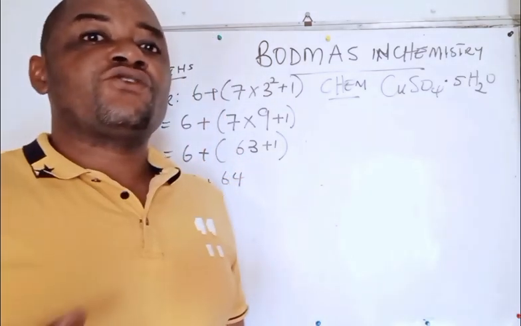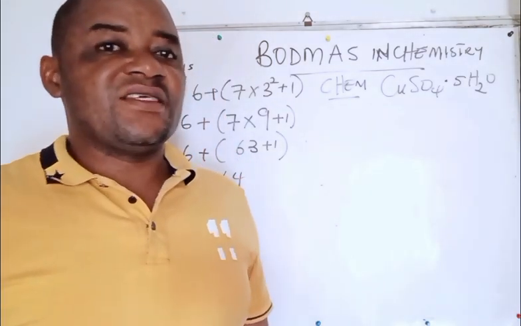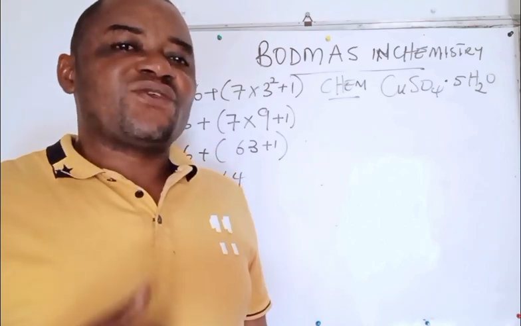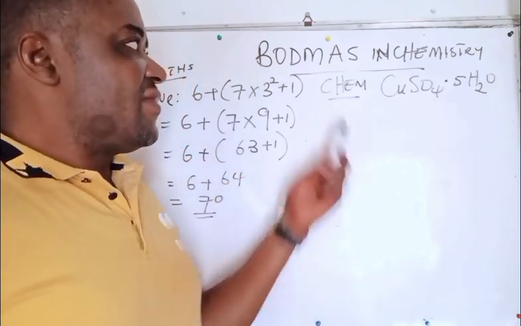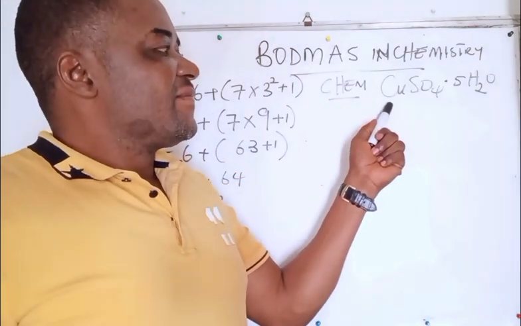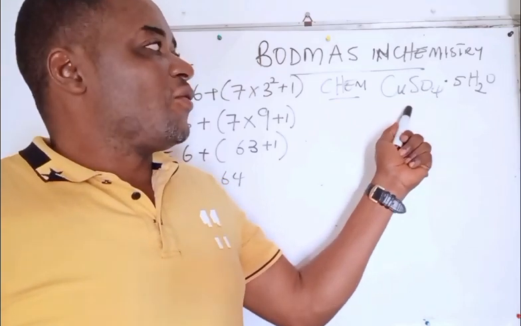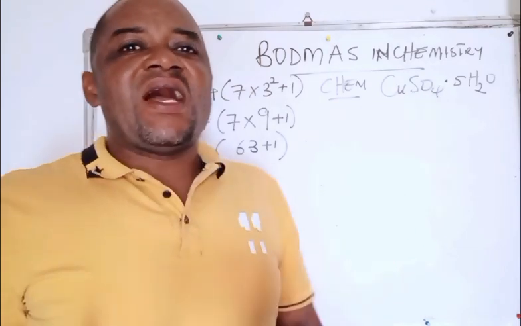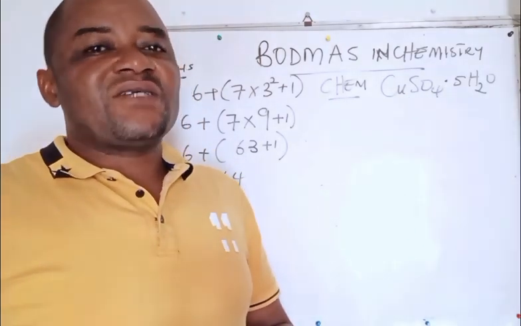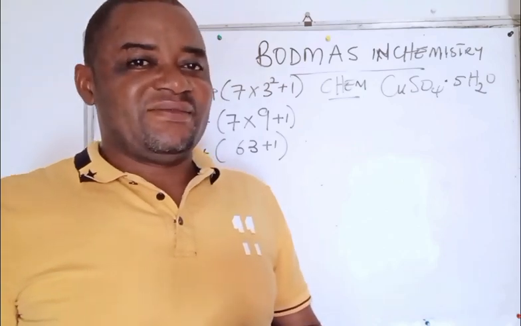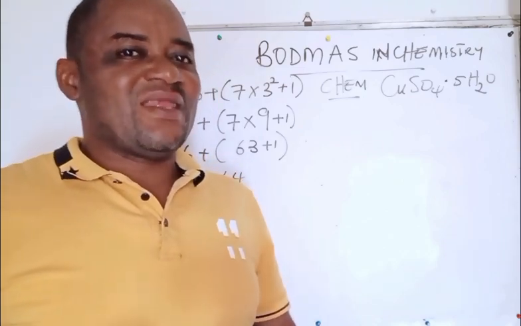Anhydrous means there is no water of crystallization. Hydrated means there is water of crystallization. So in this, we have hydrated copper sulfate, and we are asked to calculate the molecular mass. We are going to use BODMAS in doing that.